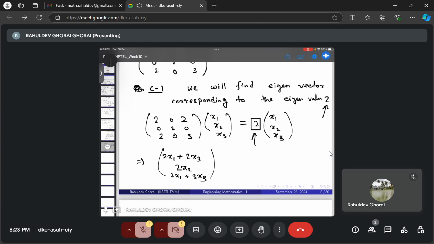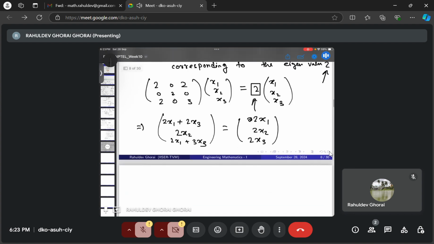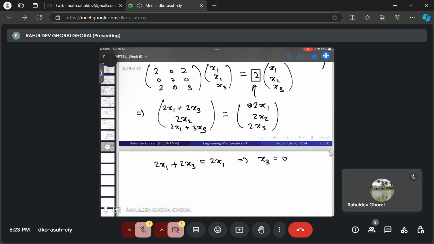That has to be equal to 2x1, 2x2, and 2x3. The interesting thing is that 2x1 plus 2x3 has to be 2x1, which implies x3 is equal to 0. From the second equation you don't get anything, it's trivially true.